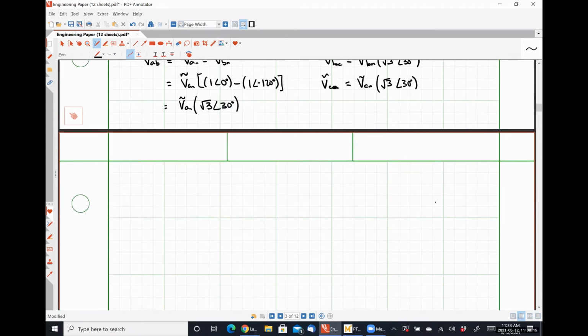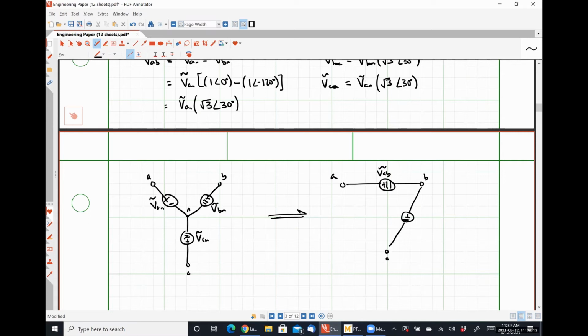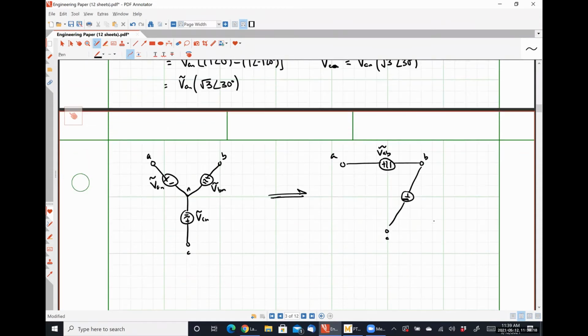So what I am attempting to say here is that I can go from this, here's A, B, C with VAN, VBN, and VCN to this guy, where here's A, here's B. There we go.